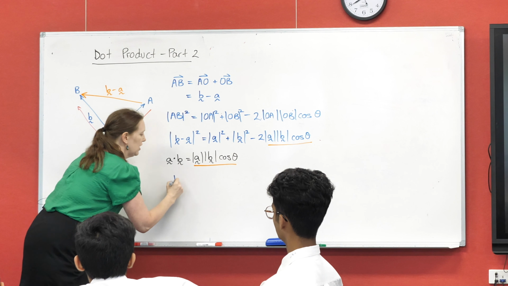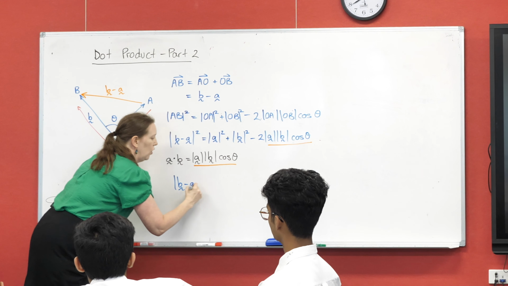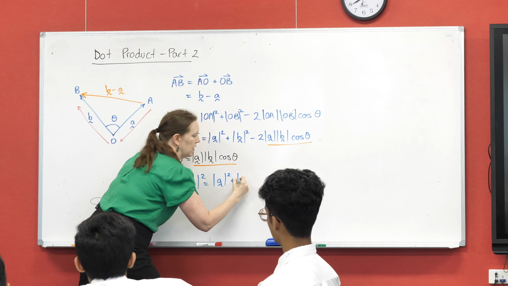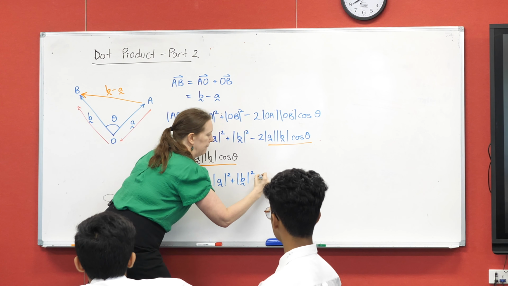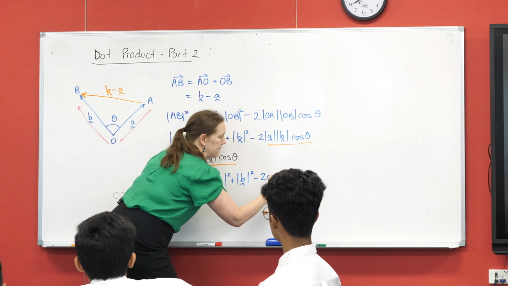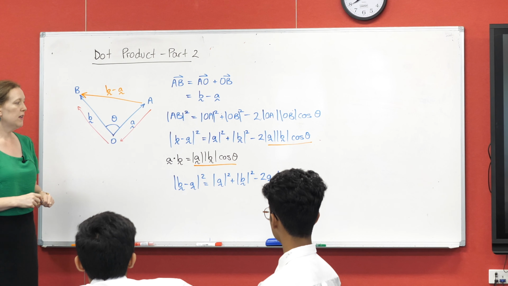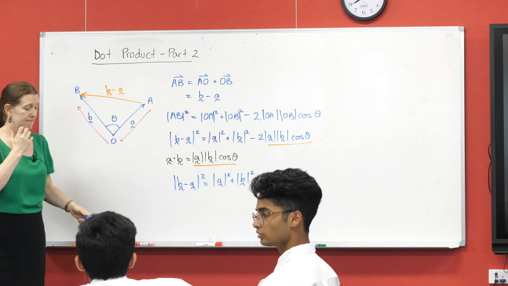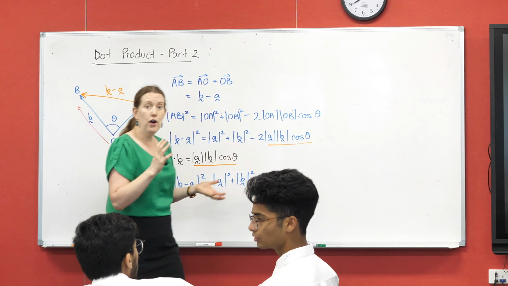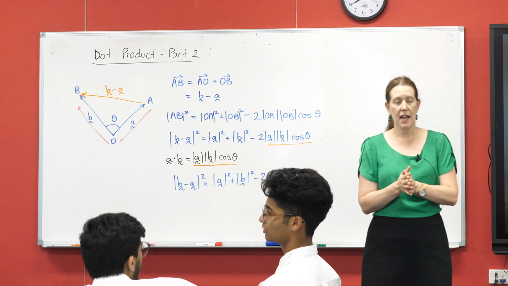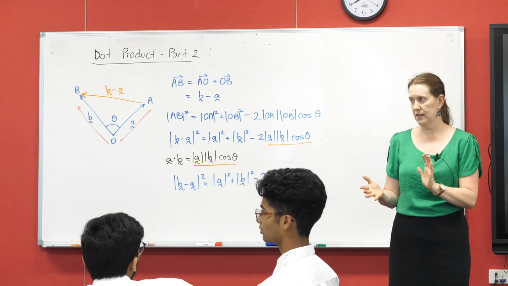So we can actually find the length of this side using the cosine rule with our dot product on the end. So we can relate them. How you choose to do that depends on the question, and it depends on what you're being asked.